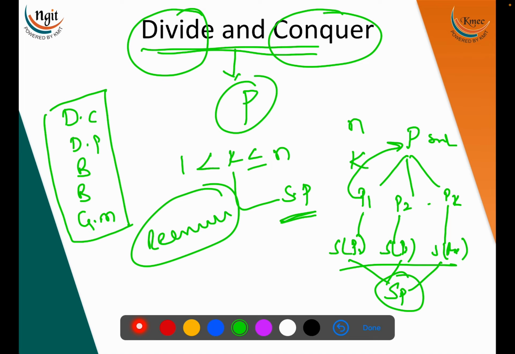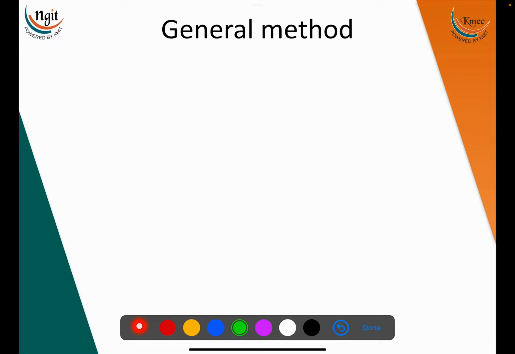Now we'll see the general method of divide and conquer. The general method is what?